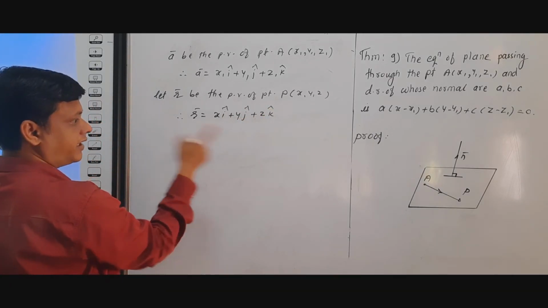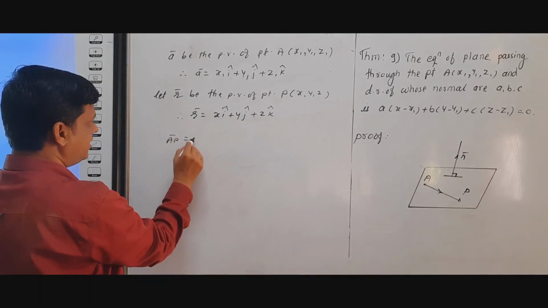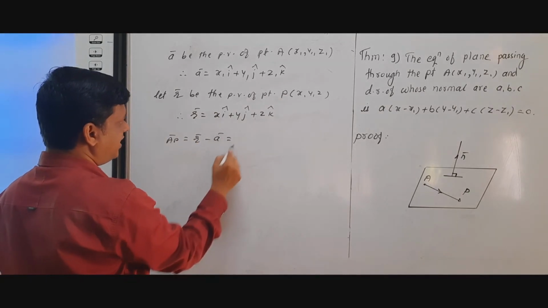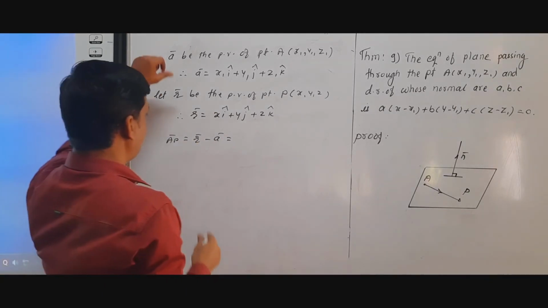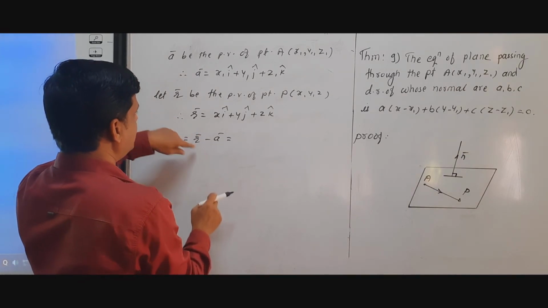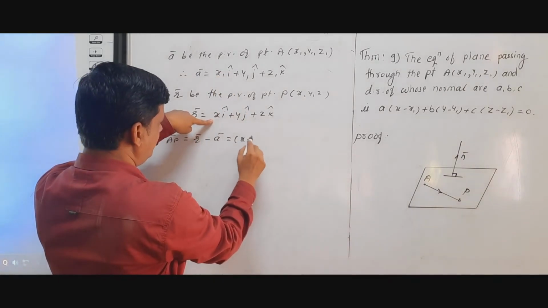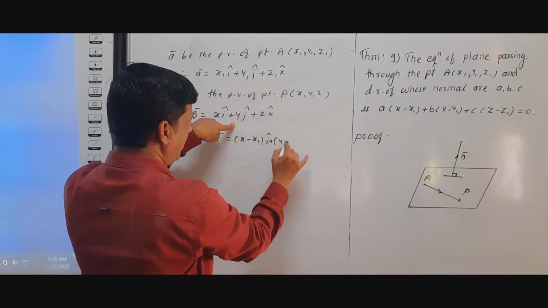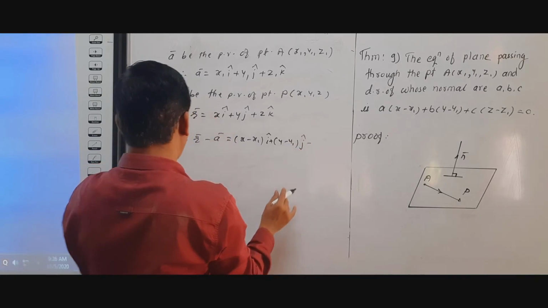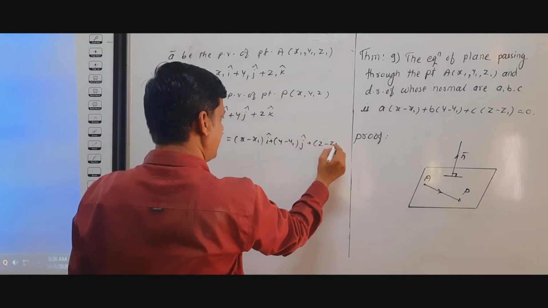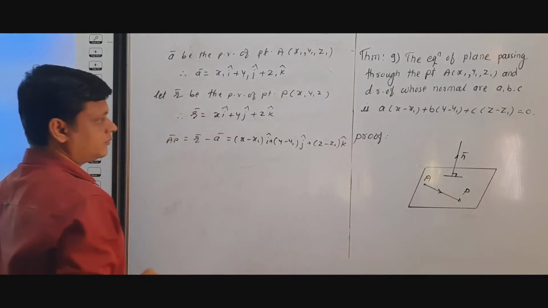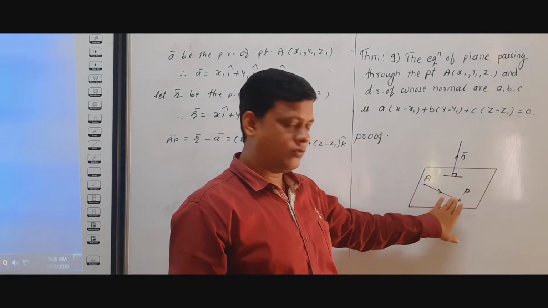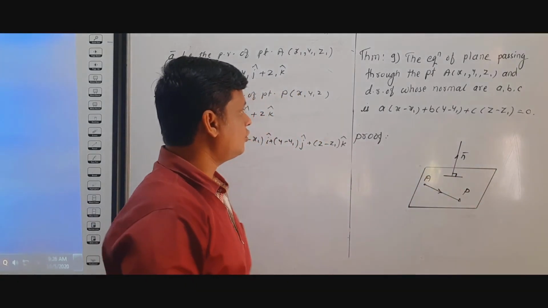So we find vector AP. Vector AP is equal to the position vector of P minus the position vector of A, that is r bar minus A bar. So r bar minus A bar is x minus x1 into i, plus y minus y1 j, plus z minus z1 k. Now this vector n is perpendicular to vector AP, so their dot product is 0.